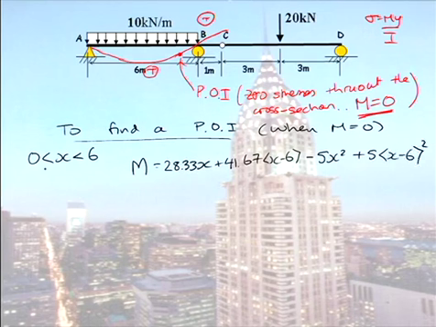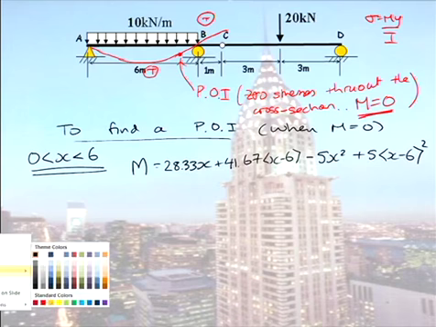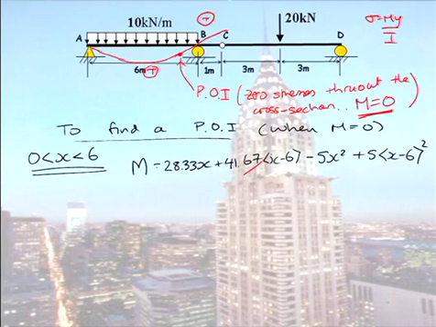But we are limiting ourselves to x between 0 and 6. So thus, we're going to set the second term to 0, and our fourth term to 0.